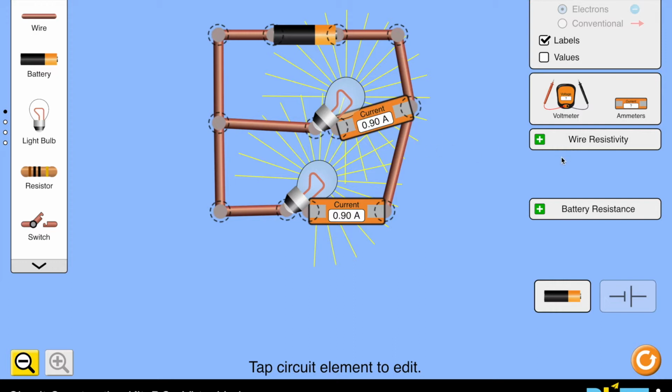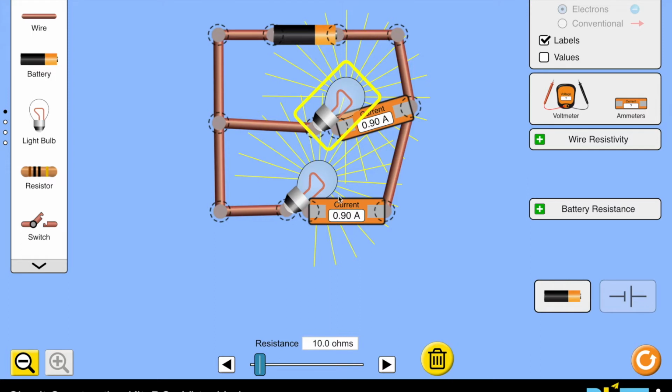Now let's try calculating the resistance. We see that when I click on this light bulb, it has a resistance of 10 ohms. And then this one has a resistance of 10 ohms.